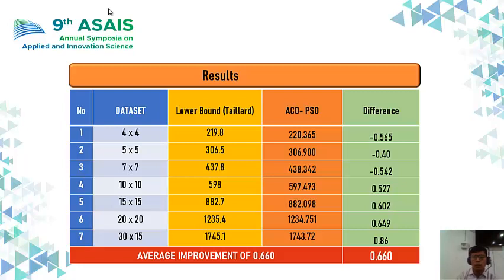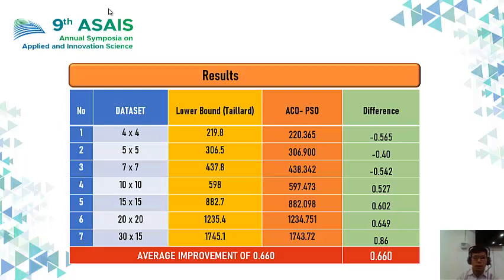Tests were carried out using secondary data from the Taillard benchmark for job shop scheduling problem. The dataset consists of job and machine sizes of 4 jobs 4 machines, 5 jobs 5 machines, 7 jobs 7 machines, 10 jobs 10 machines, 15 jobs 15 machines, 20 jobs 20 machines, and then 30 jobs 50 machines.